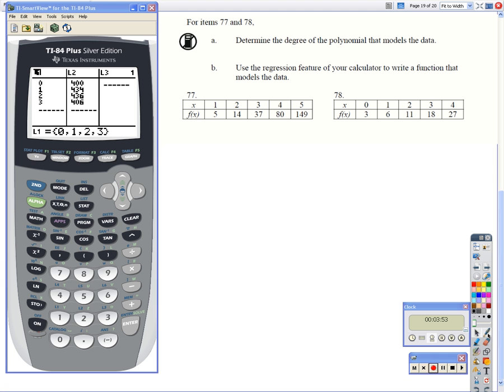Okay, so I have to determine what type of polynomial will model the data without a calculator first. So I'm going to find the difference between each of the y values and see when I get a constant, how many levels down.